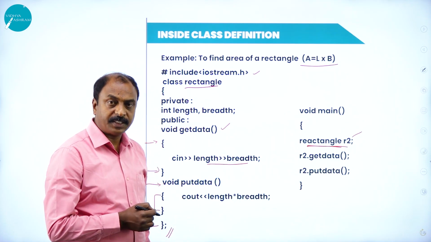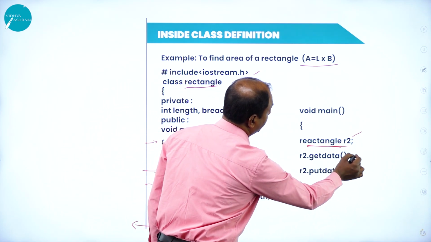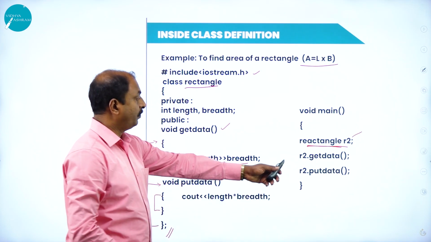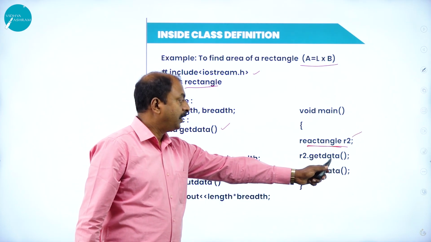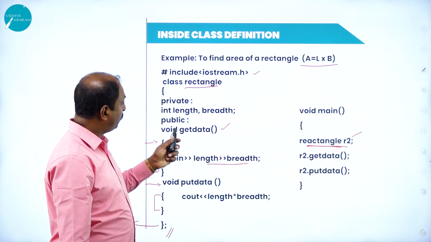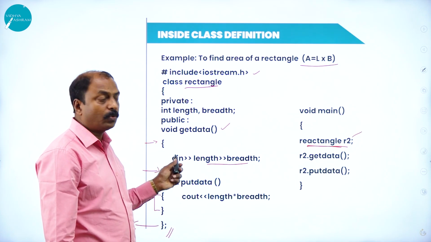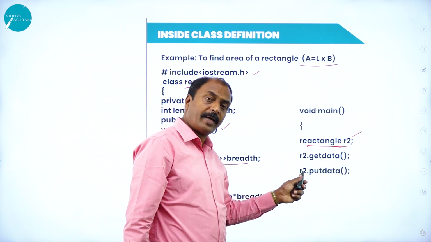Now how do we access the members? With the object name R2 dot function name getdata. When you call this, the control transfers immediately to the function getdata. It executes these statements, and the control goes back to the next statement in the main function.